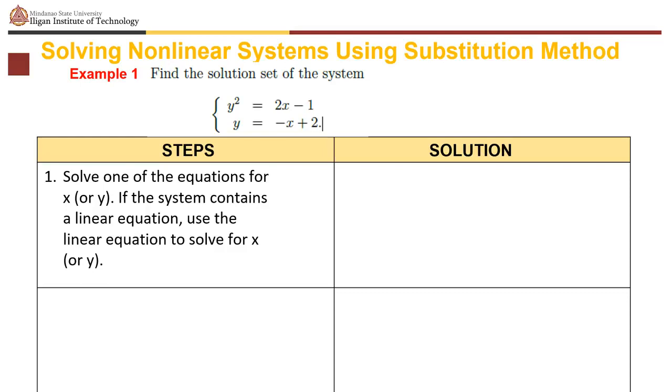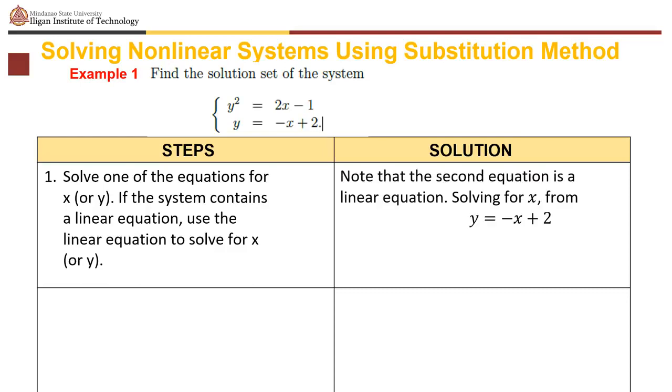In this case, the second equation is a linear equation already: y is equal to negative x plus 2. So solving for x from y equals negative x plus 2, we have x equals 2 minus y.